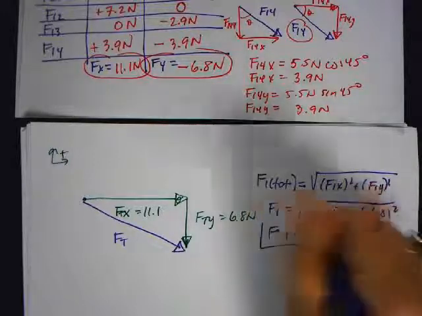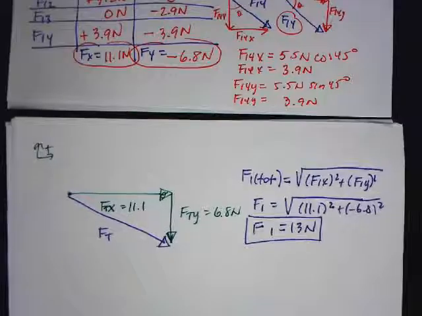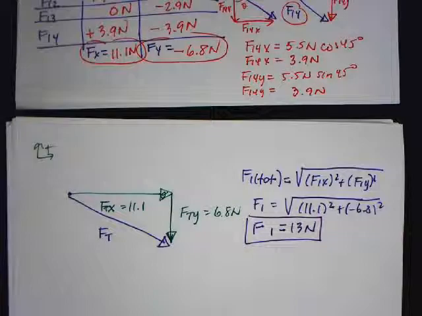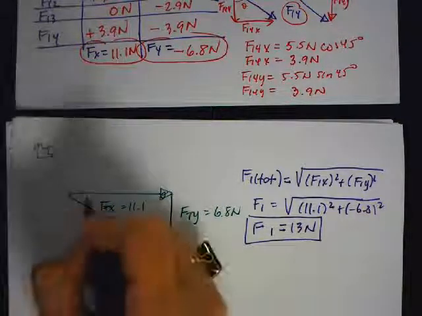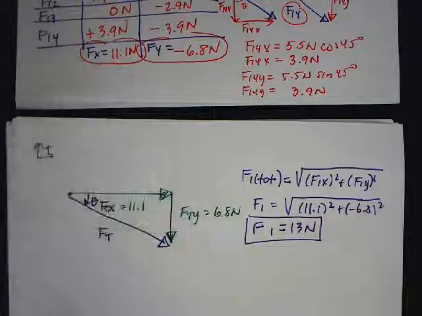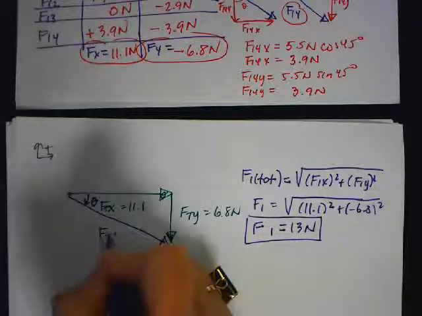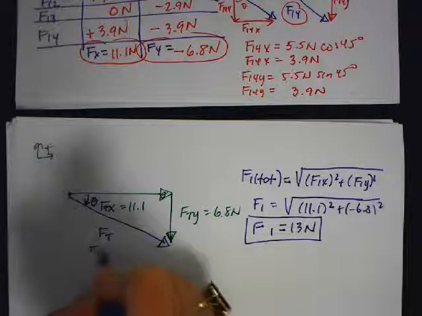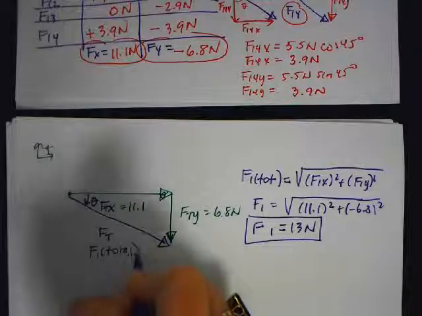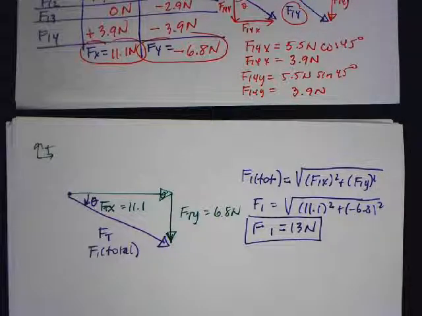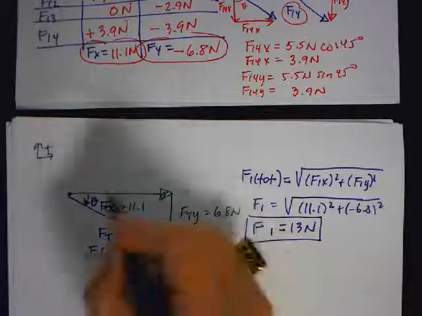But remember that vectors have both magnitude and direction. So now I have to find the angle. Okay? So to find the angle, again, here's my picture. Here's my angle. Here's theta. Remember, this total is actually F1 total because we are just finding the forces on charge 1. This was the Y total, that was the X.